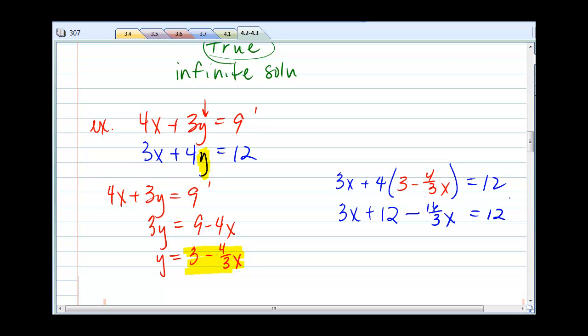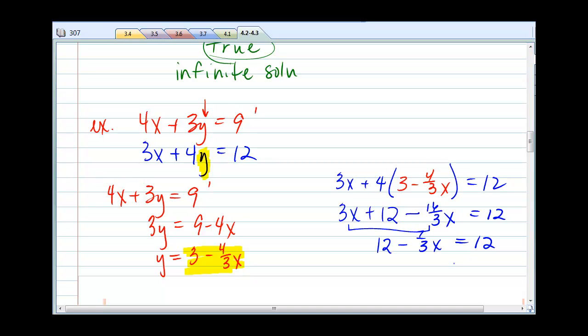Here I have to subtract a fraction from a whole number, and I can do that on my calculator. I can do it on the side, but I find out that 12 minus 7/3 x equals 12, where I subtracted my x's.